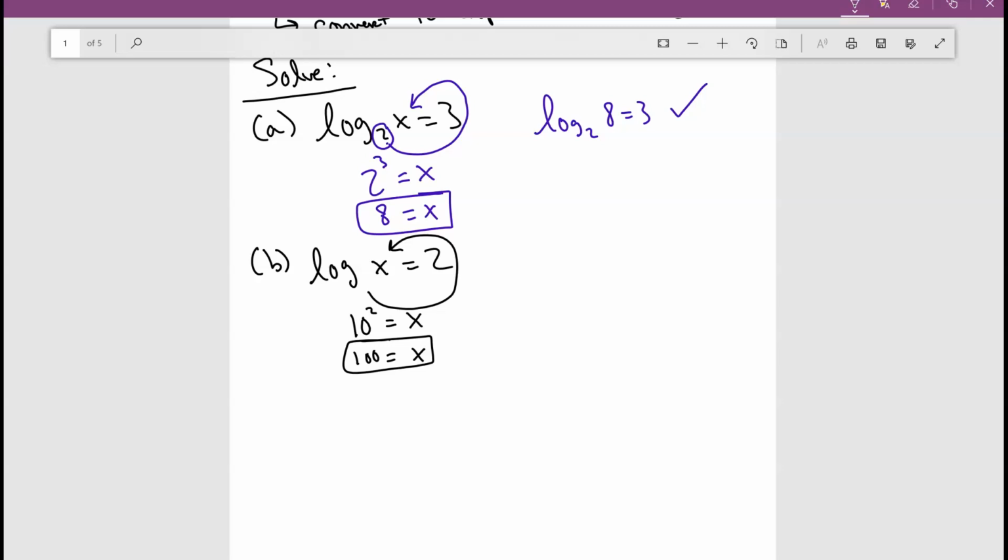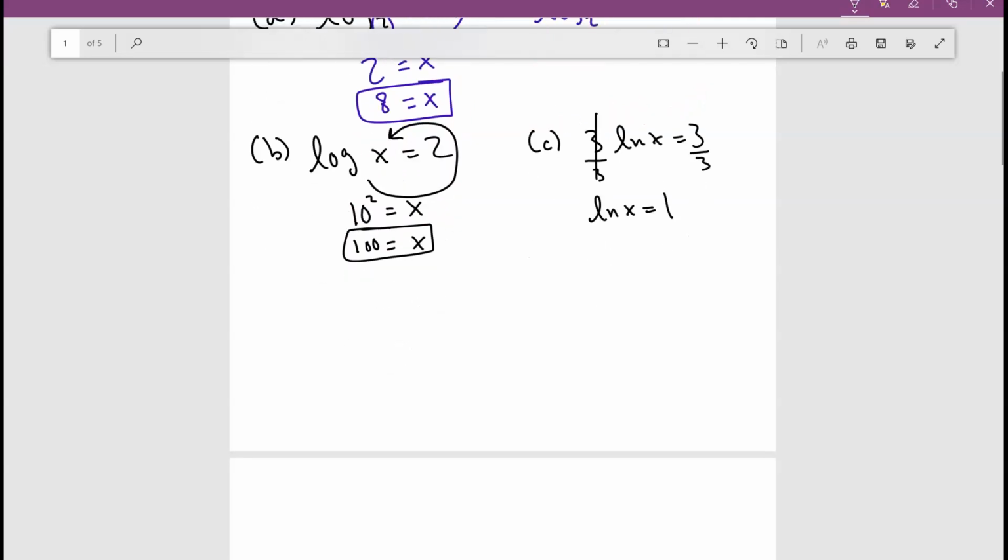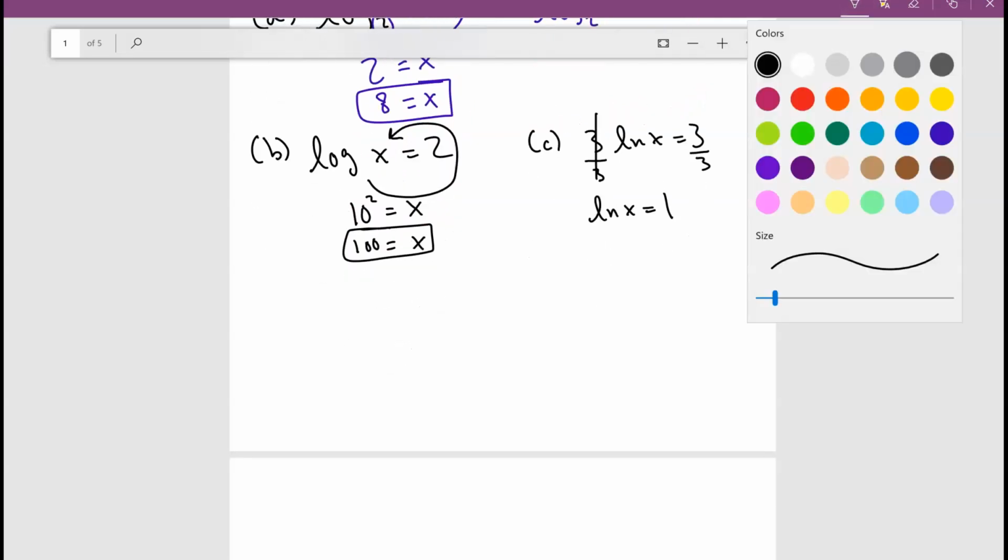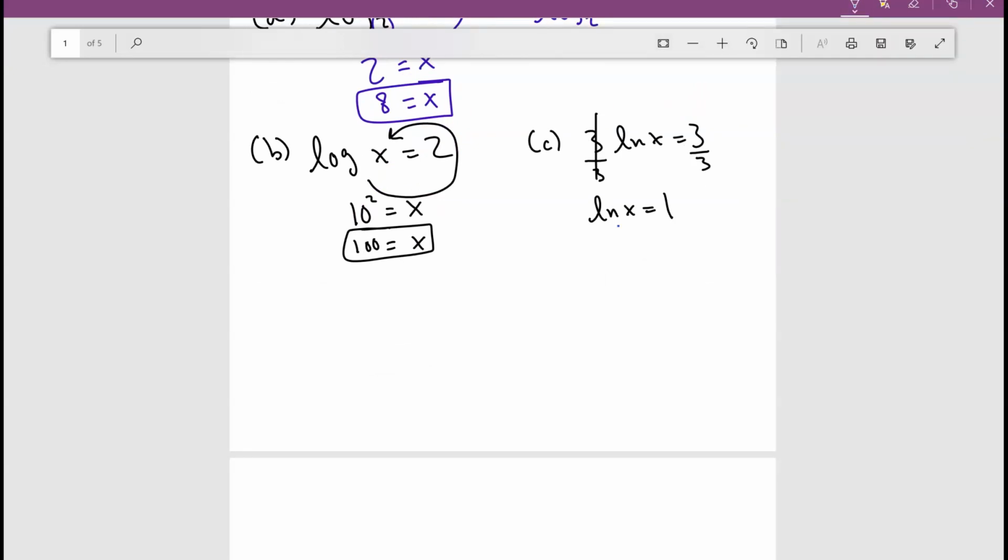Now sometimes you're going to have problems where there is something in front of the log, something that looks like this. Not a problem. All you have to do is isolate the log by dividing by 3 to get rid of that 3. So you have ln of x is equal to 1. Now remember, ln of x, what base does that have? That one has base e.